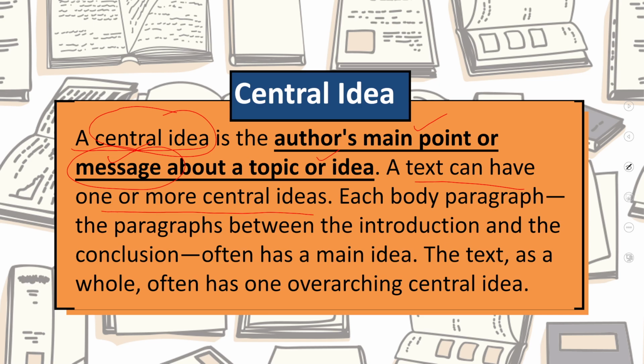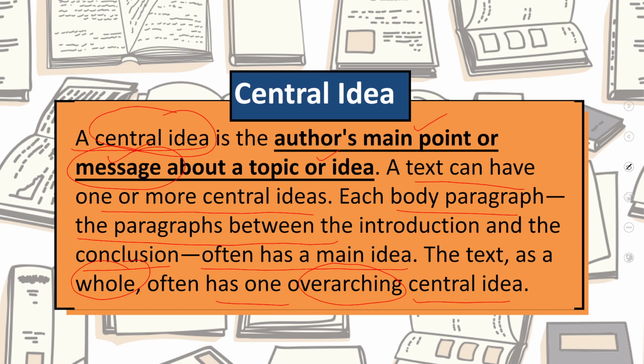For example, if it is an essay, then each body paragraph, the paragraphs between the introduction and the conclusion, and they can be more than one, often has a main idea, and the text as a whole often has one overarching central idea.